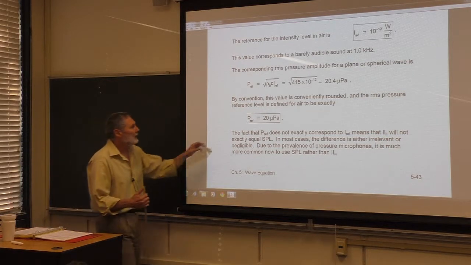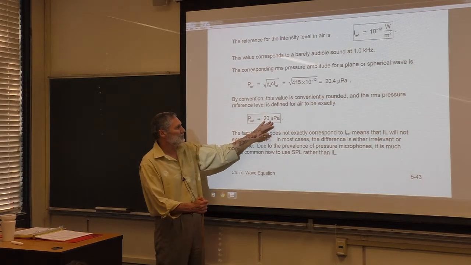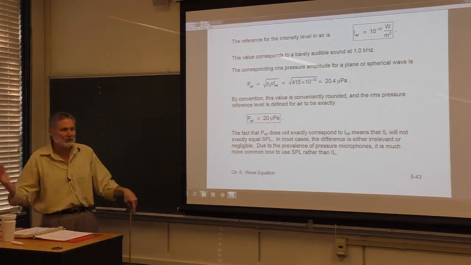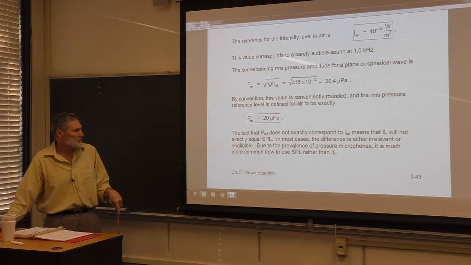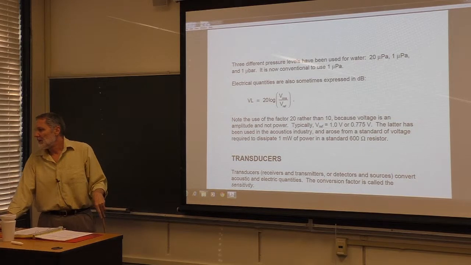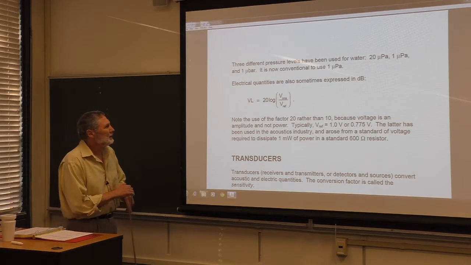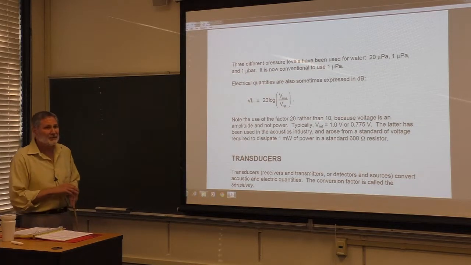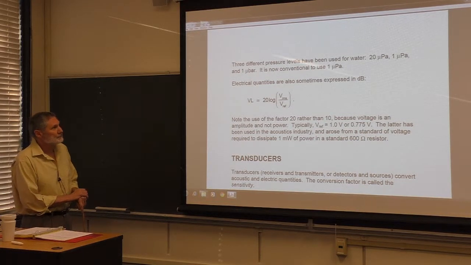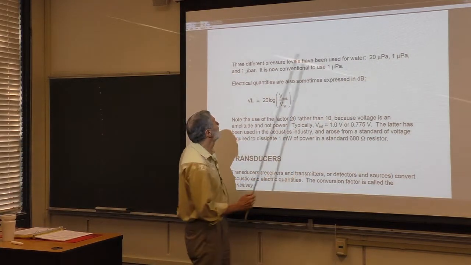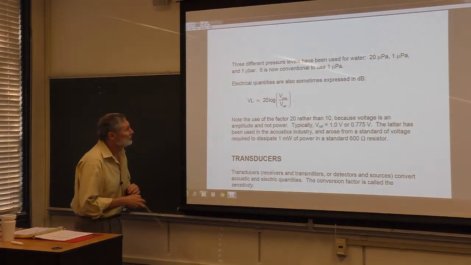And again, to make it absolutely clear, you would state this, at least in the beginning. Once you've stated it once, that's okay. That's air, 20 micropascals. The situation in water is very different. For a while, there were three different pressure reference levels.